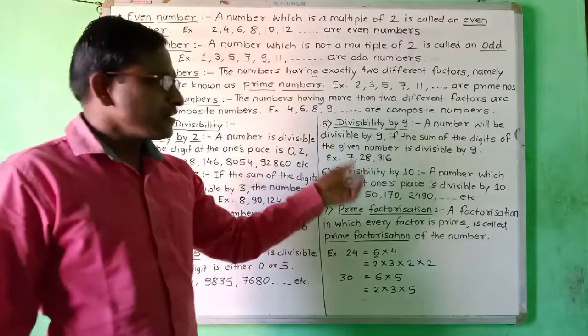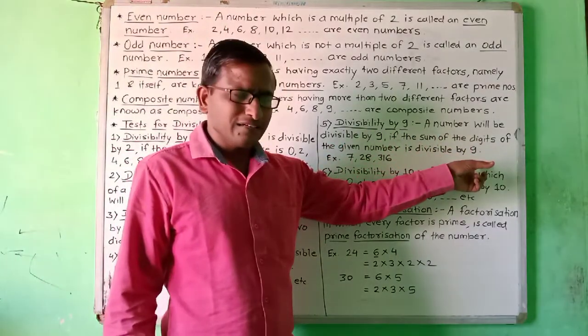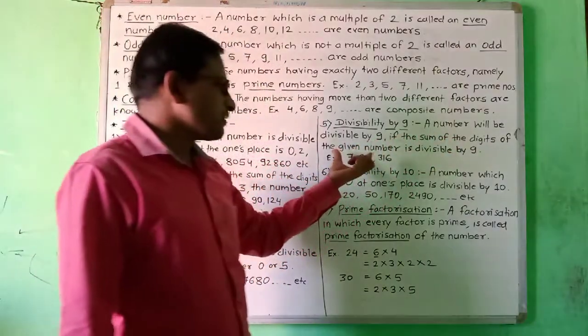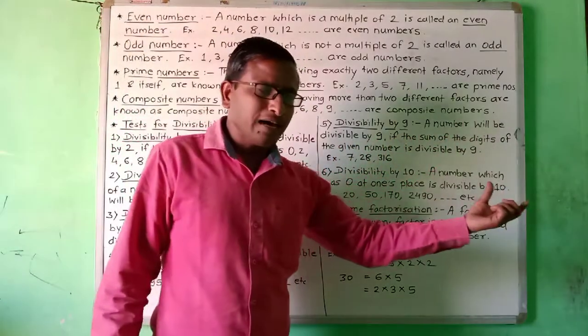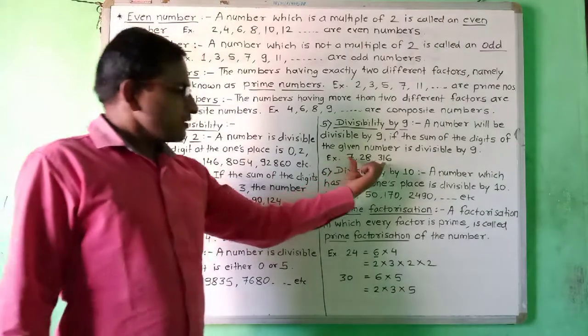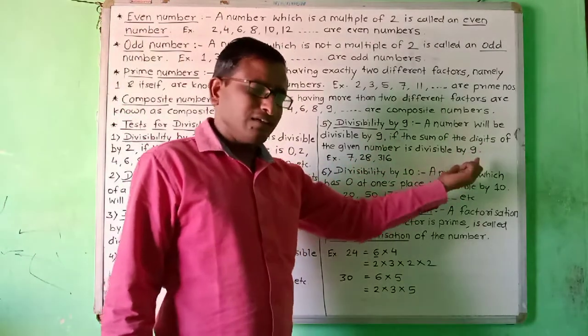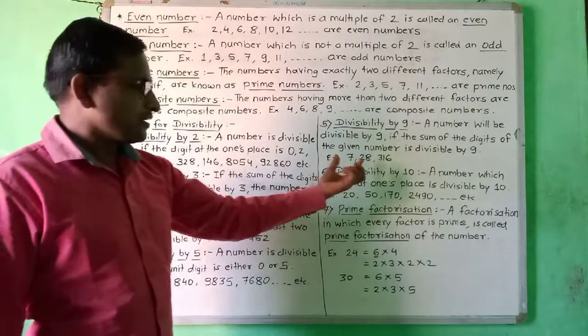So 27 is present in the table of 9. 9 3s are 27. So the sum of the digits of the given number is divisible by 9.